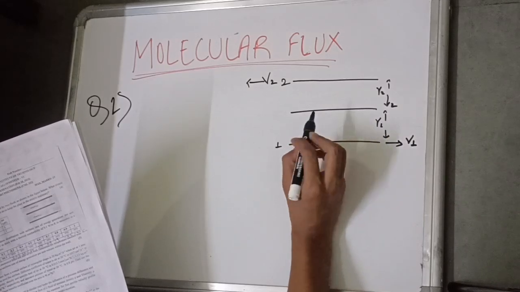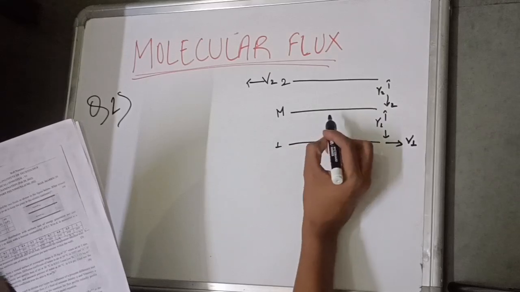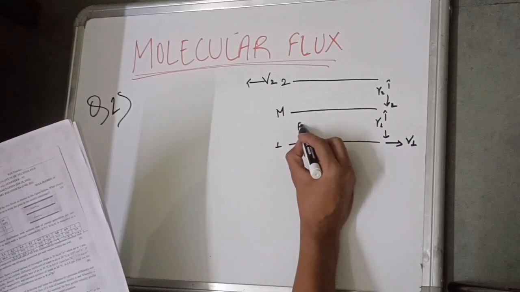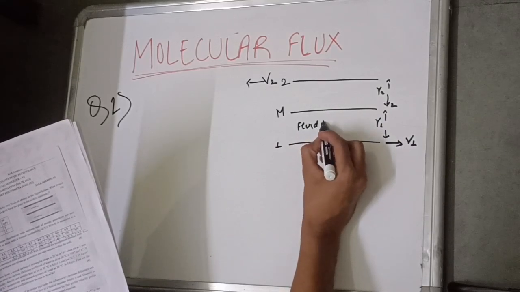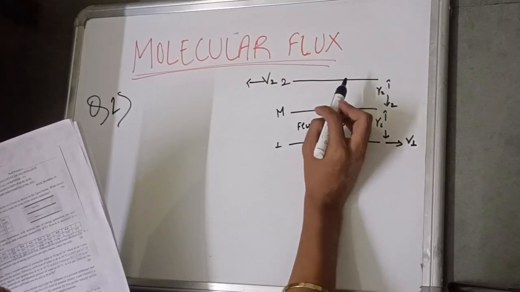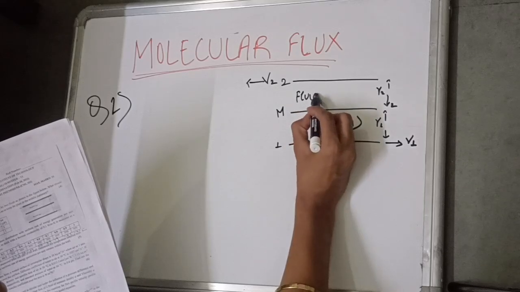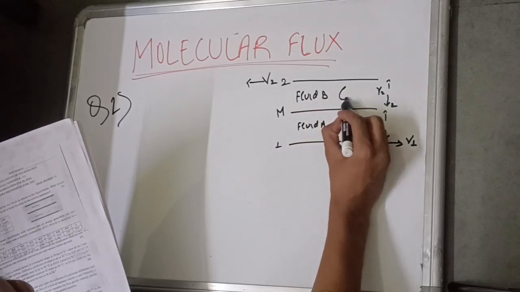The fluid between the first and the middle plate has viscosity mu A. The fluid between the middle and the second plate has viscosity mu B.